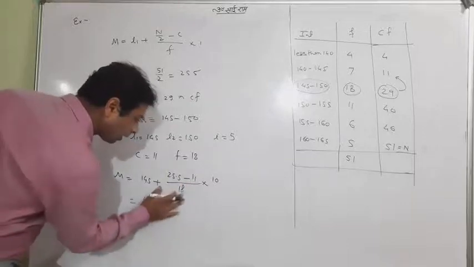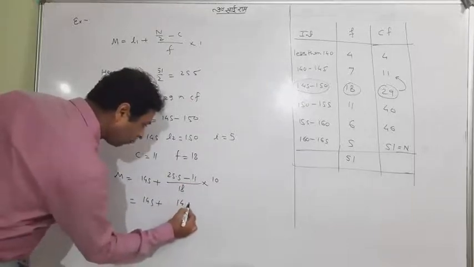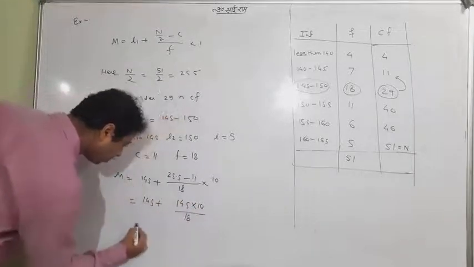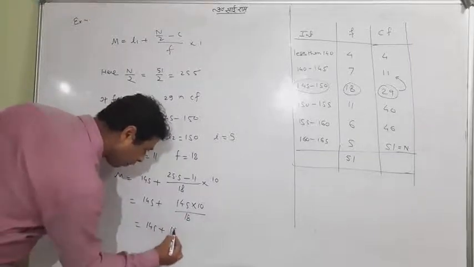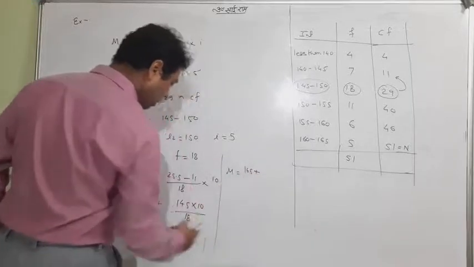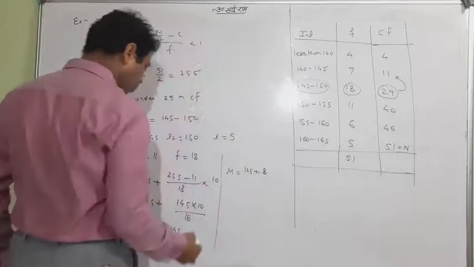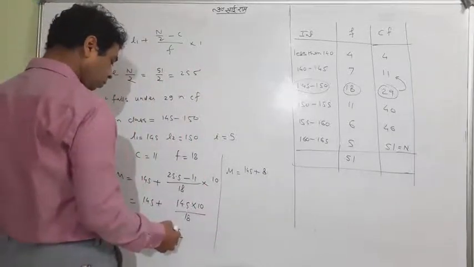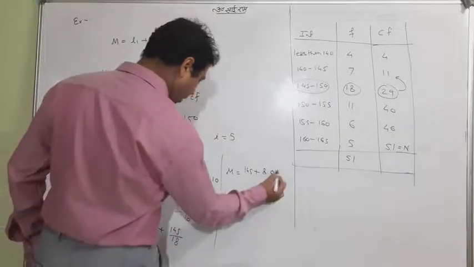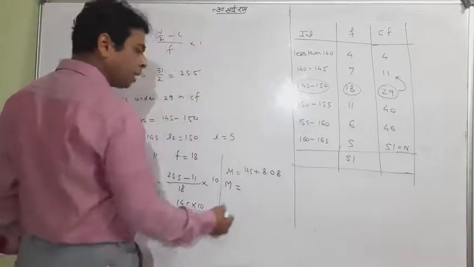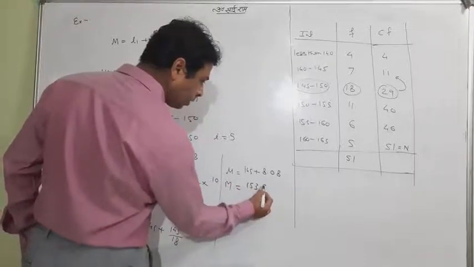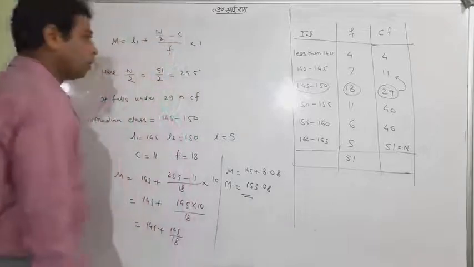I subtract and got 14.5, into 10 upon 18, 145 plus this. I get approximately 153.08. It is the approximate median we have got.